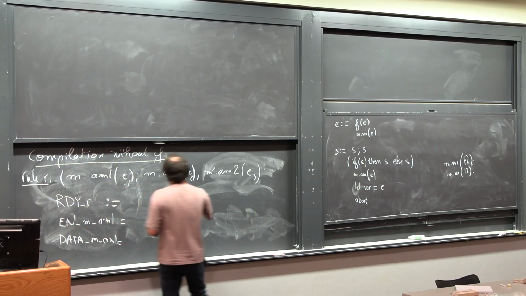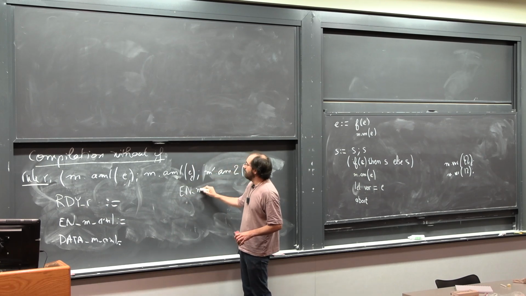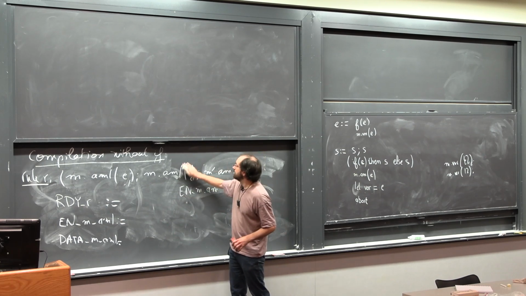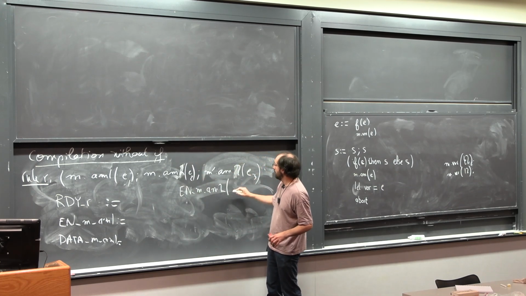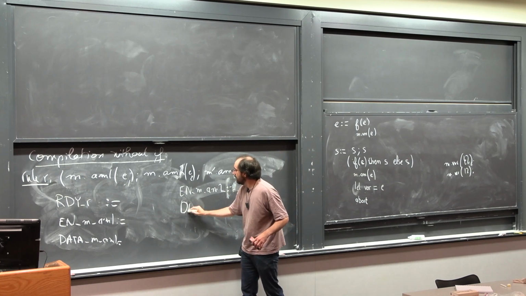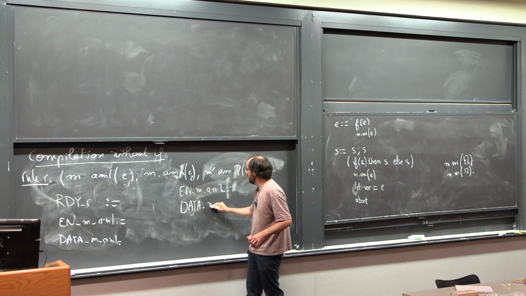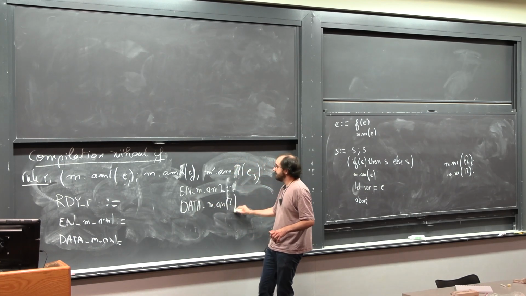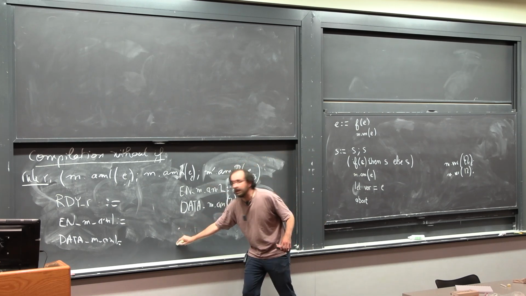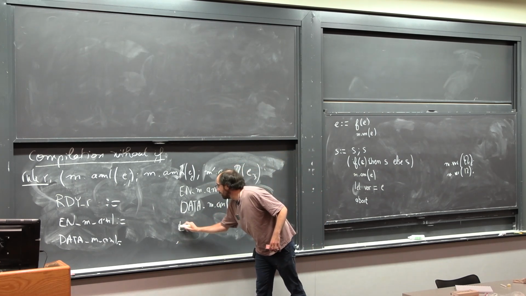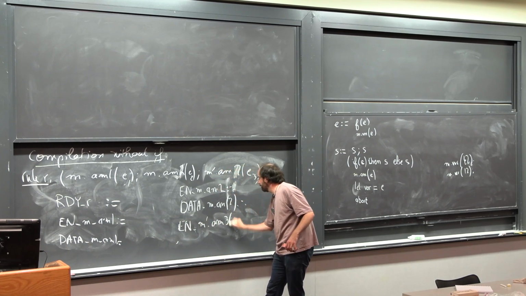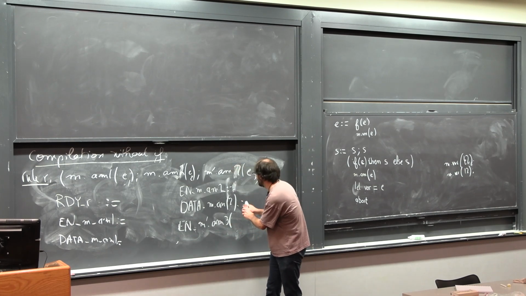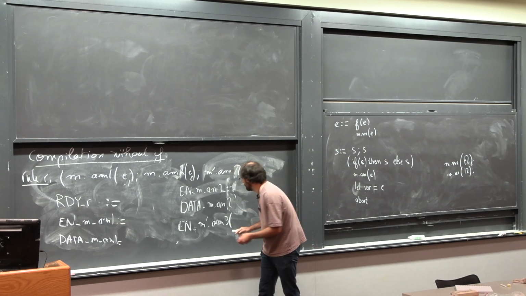And then I need to give you the enable for m_am2, am3, and then I need to give you the data for this one as well. And then I need to give you the enable and the data for m prime of am3. And then the data. Why am I doing that?